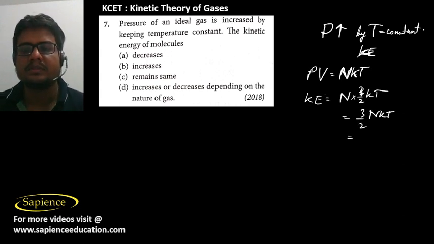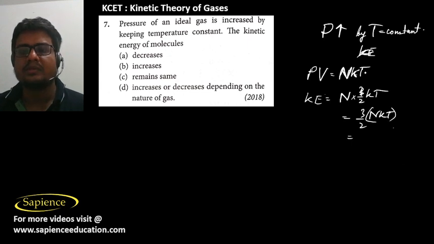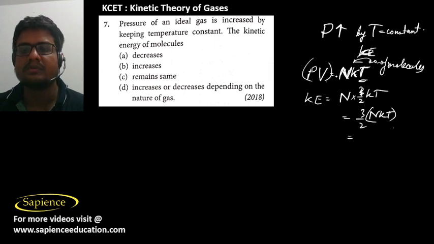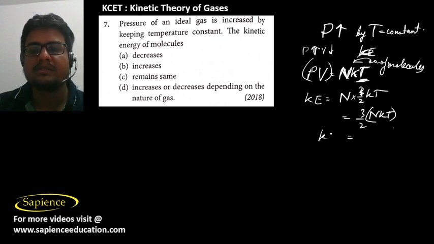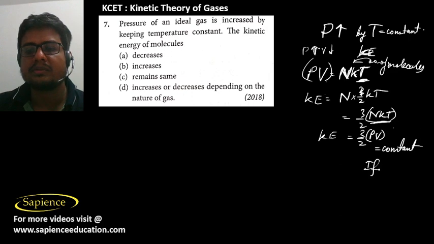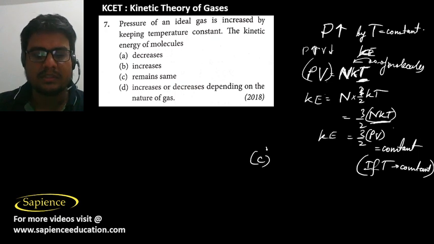Since temperature is constant and N is also constant, being the number of molecules, PV will also be constant. So even if pressure is increased, the volume has to decrease to maintain the constant temperature. So the kinetic energy, 3 by 2 PV or 3 by 2 NkT, will be constant if the temperature is constant. So it will remain the same. So option C is the correct answer.